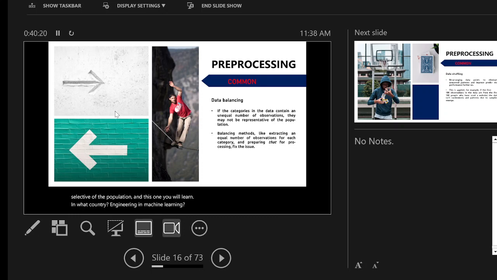I gave that example when we started: if you want to make a prediction and one item or variable is so much higher than the other, it is called an imbalanced data set. When you have an imbalanced data set, you have to do data balancing, such as normalization and standardization.